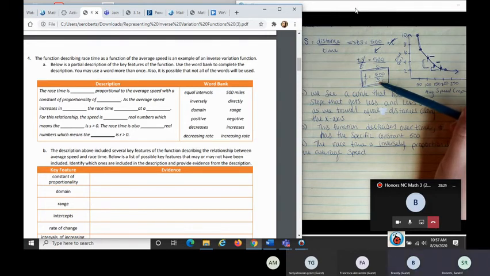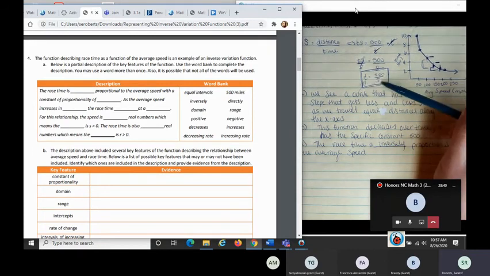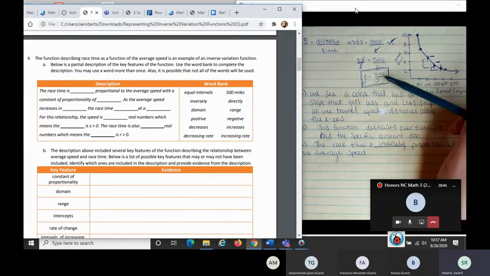When you think of inverses with fractions, you're flipping things, right? Like the inverse of 3 is a third, the multiplicative inverse. So this is inversely proportional because they're equal to each other, but you have to have the inverse. It has to be in the denominator, and you have to have some sort of constant of proportionality. So inversely proportional just means that you have one variable equal to another variable in the denominator of a fraction.